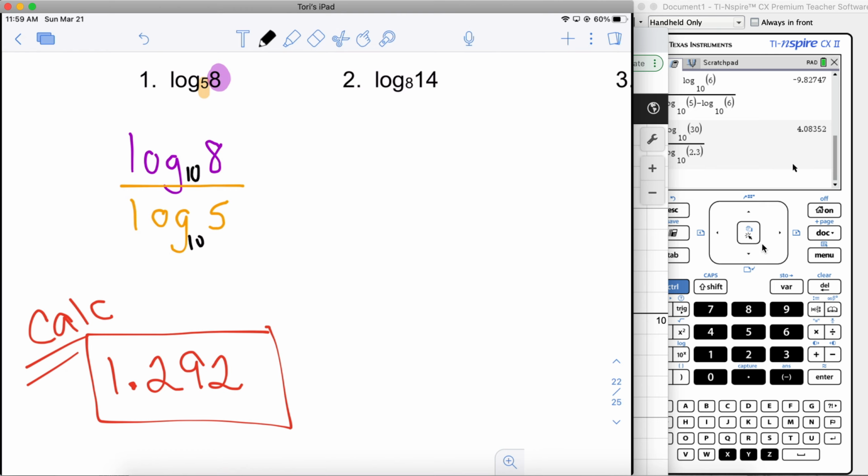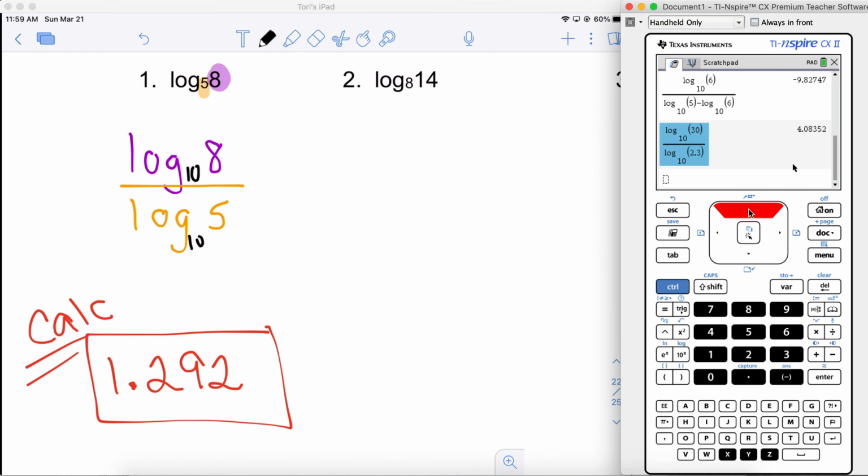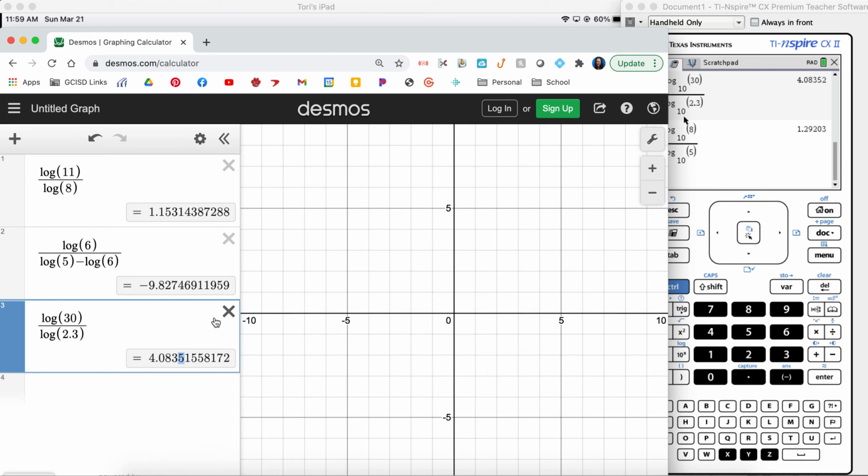So if I'm on an Inspire, I can do the exact same thing we've been doing. Copy, paste it, I want to do log base 10 of 8 over log base 10 of 5. And that gives me the number 1.292. If I'm on Desmos, I do not have to write the 10 in there. I can just go log of 8 over log of 5, and I get that same answer.